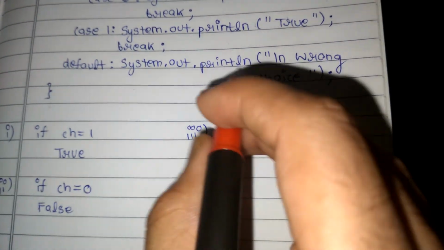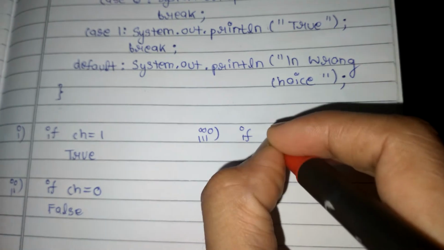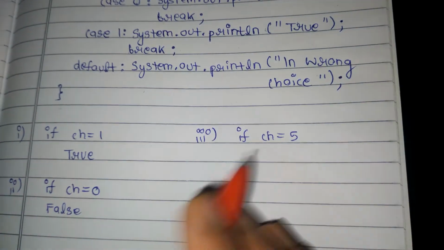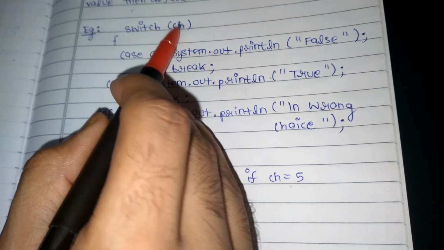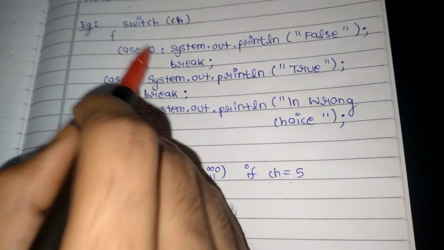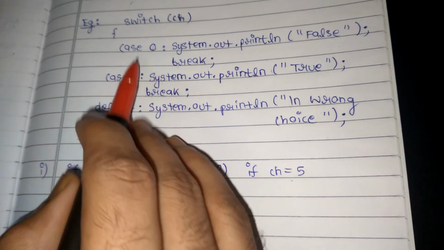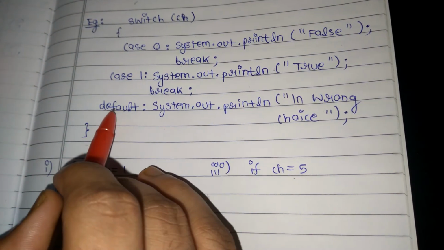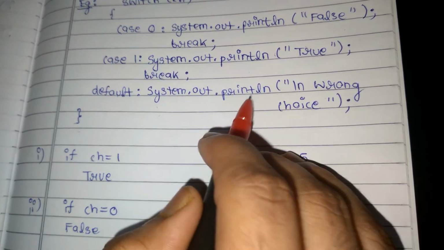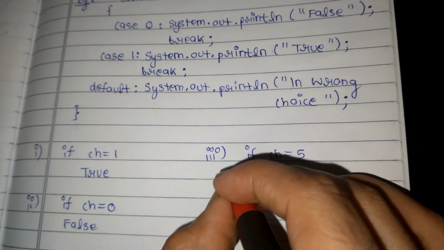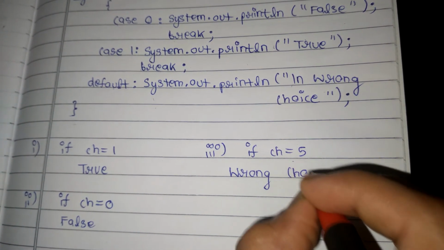Suppose ch is equal to 5. It does not match with this, it does not match with this either. As nothing matches, it will automatically go to default, and in the default it is given System.out.println wrong choice, so the output would be wrong choice.